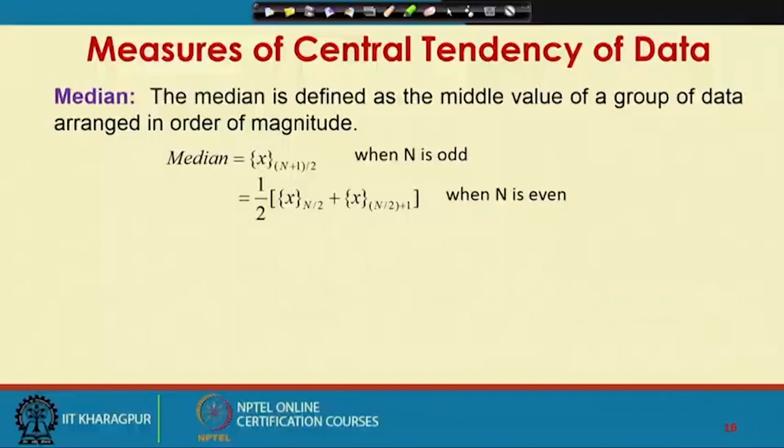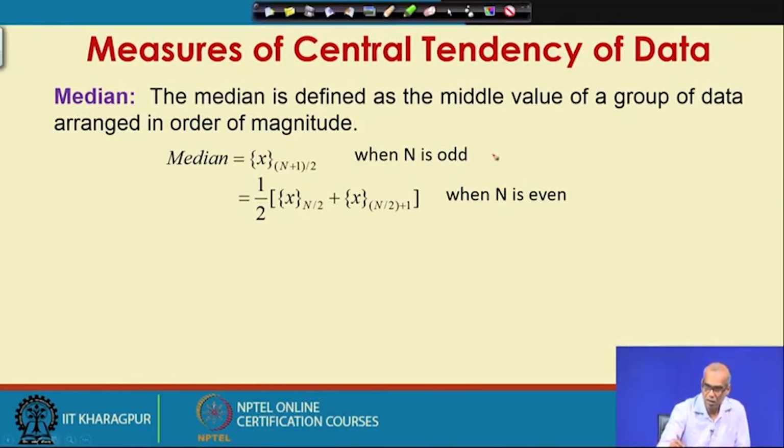So, when n is odd, your median will be given by this, and when n is even, it will be given by this.